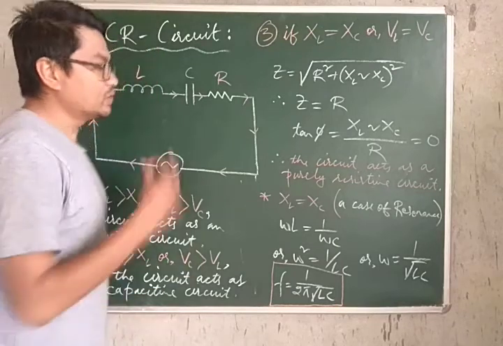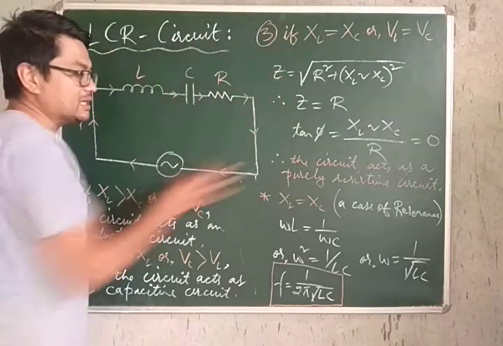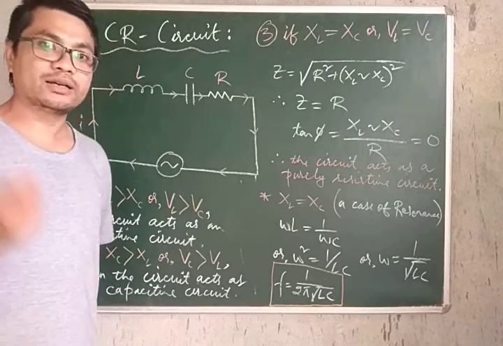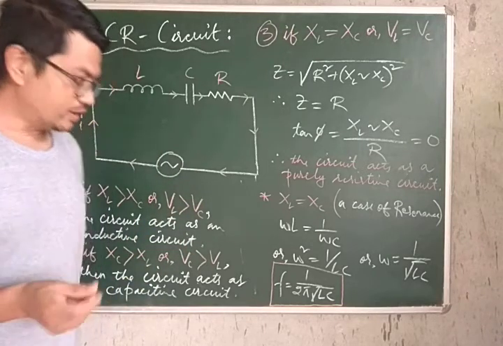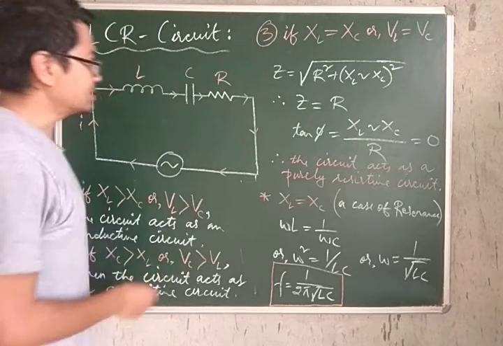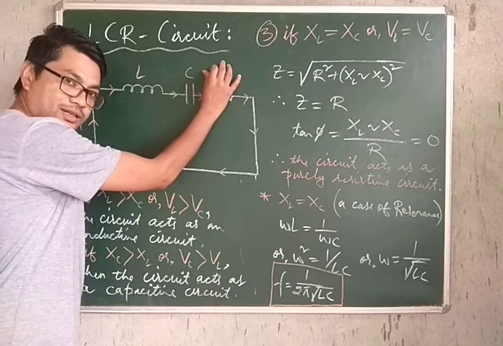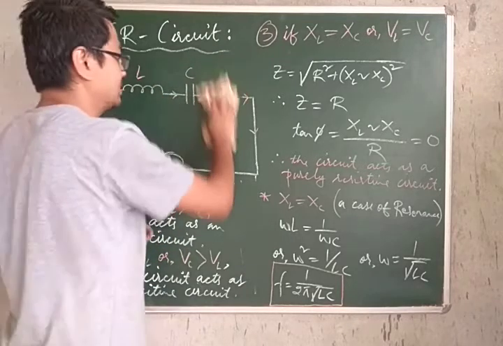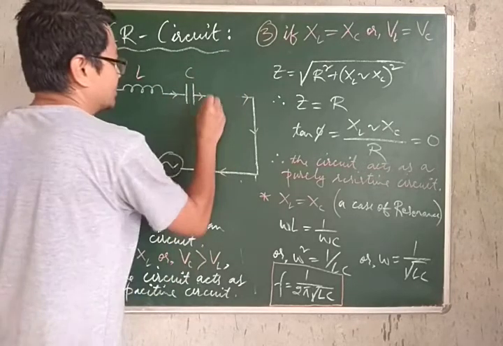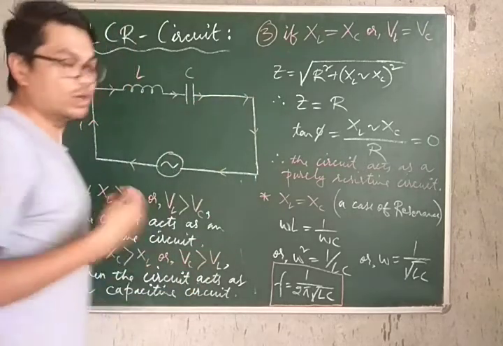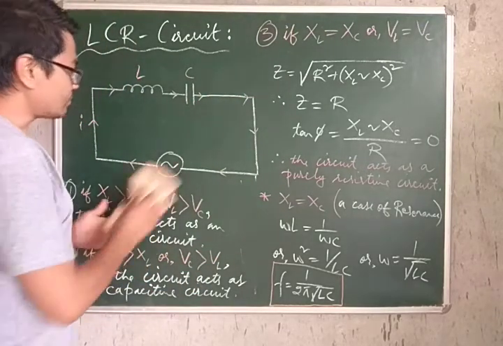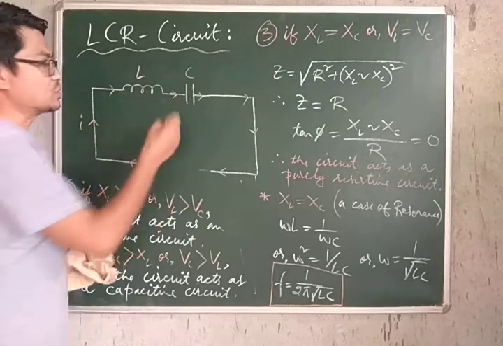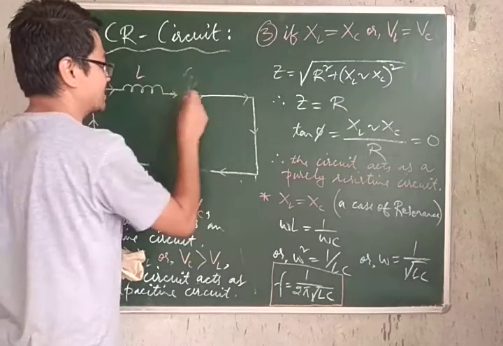So do not forget this is a case of resonance, and this is all that we need to know about the LCR circuit. Now actually the thing is, in an LC circuit, if we didn't have the R component over here, then what would happen is, if the capacitor is a charged capacitor, let me draw the capacitor here.